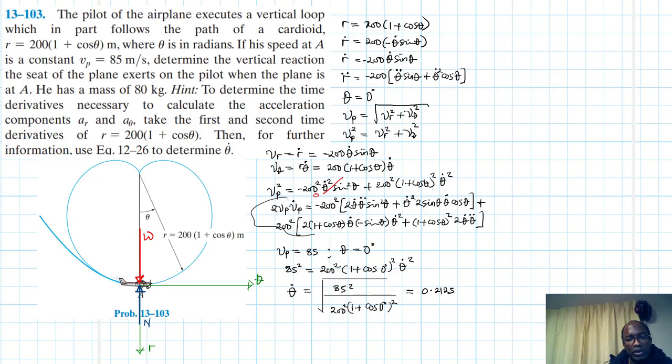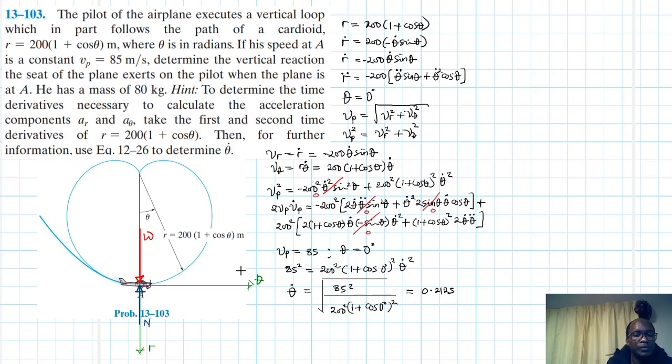Now let's work on this one. Here this part becomes 0 because theta is equal to 0, and so does this part. Then this part also becomes 0, so we just remain with this.